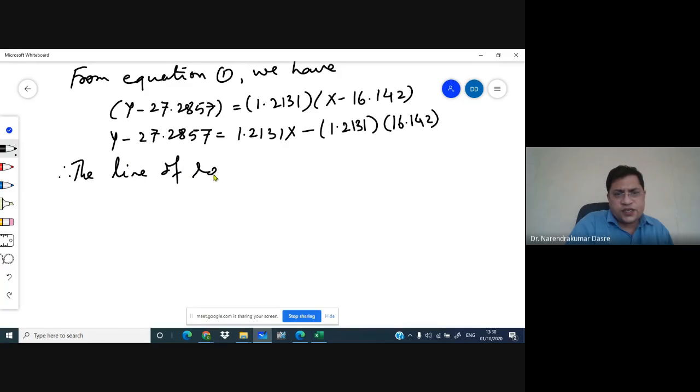Hence the line of regression of y on x is, y is equal to, this term will be on this side.